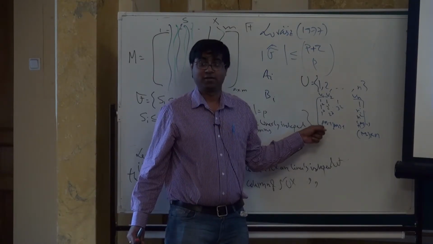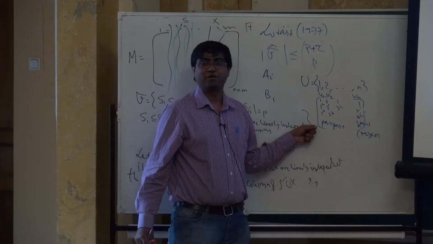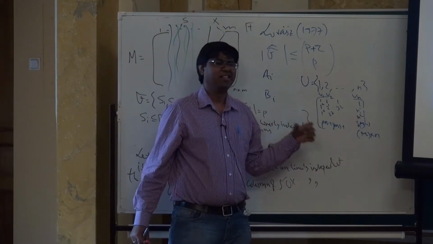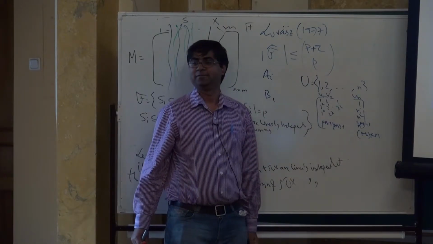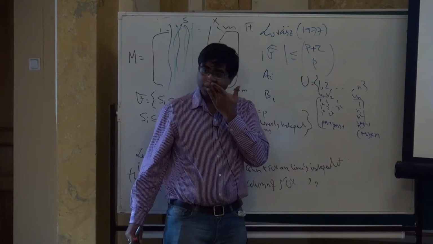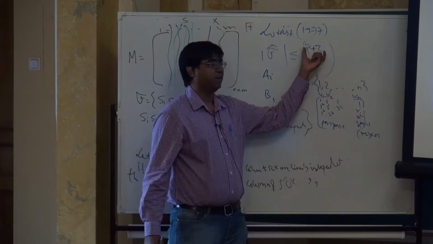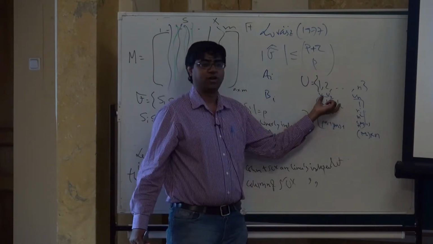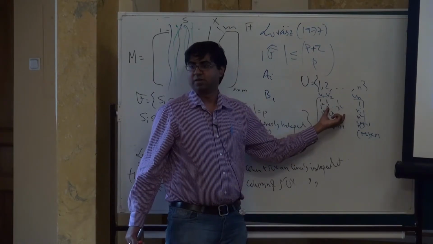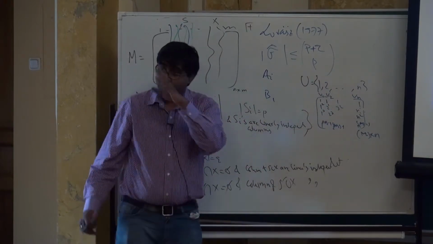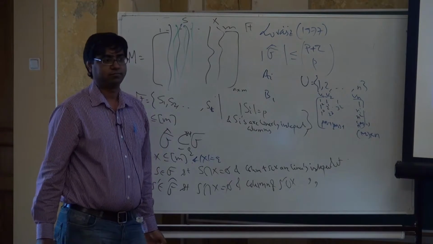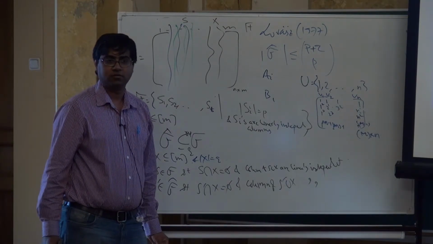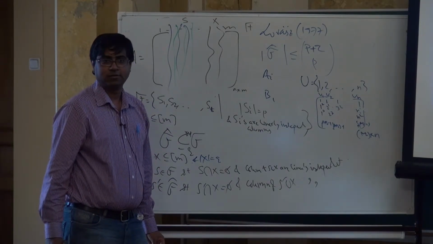So since the number of rows in my matrix is P plus Q, there is no way I can have P plus Q plus 1 columns which are linearly independent. Now, a set of size at most P plus Q is linearly independent here. So whatever we were doing for sets can be translated into this language. Agreed or not agreed?